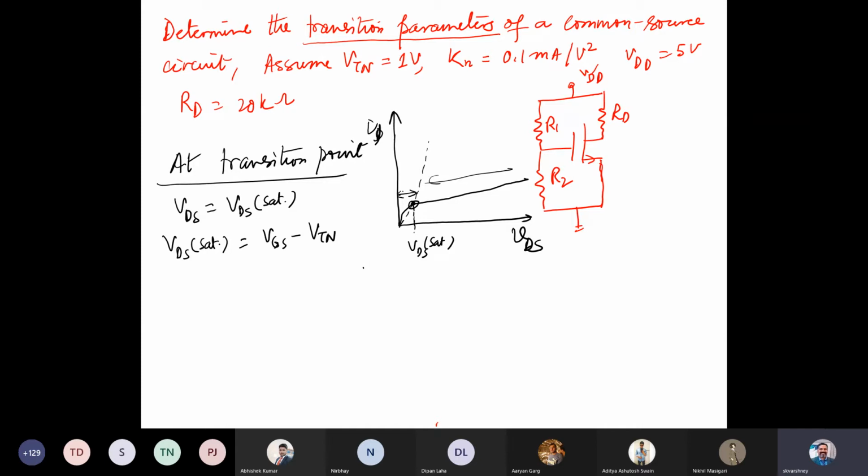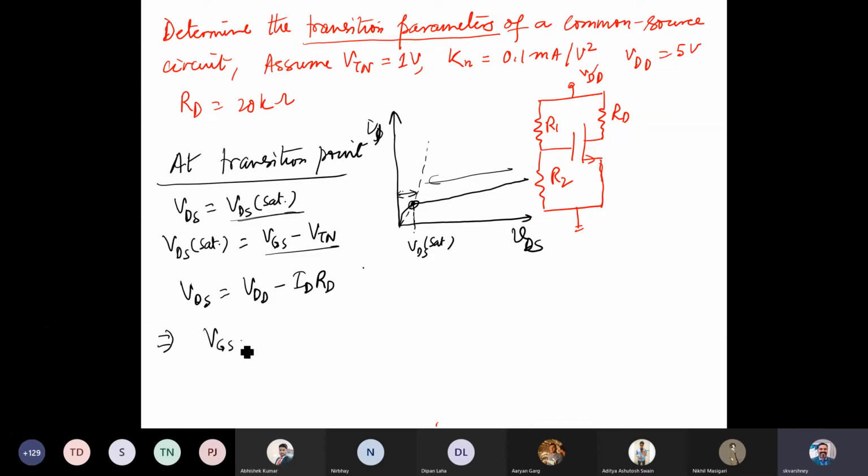From the load line analysis, VDS is VDD minus ID times RD. So at the transition point, this VDS is equal to VDS saturation, which is VGS minus VTN.